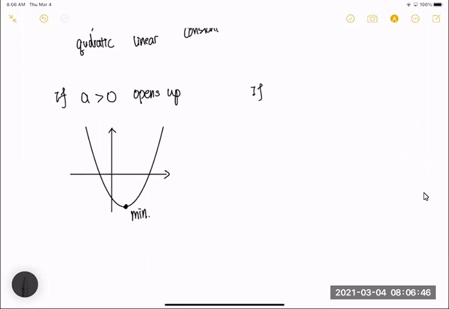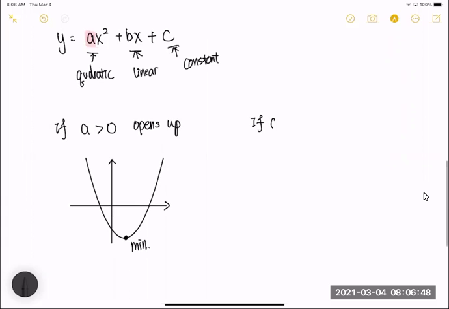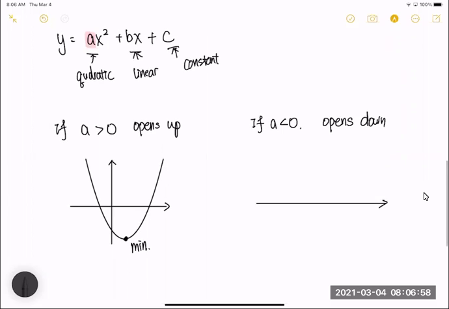If a is less than 0, then the graph opens down. If the graph opens down, that means you will have a maximum point.